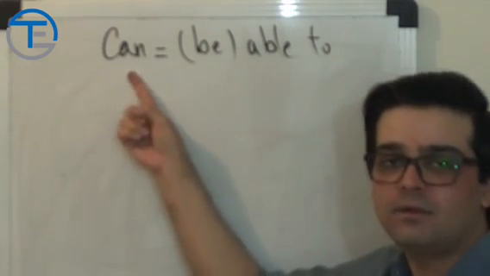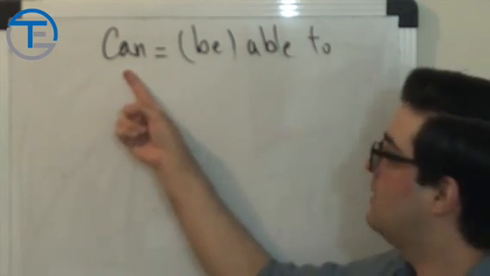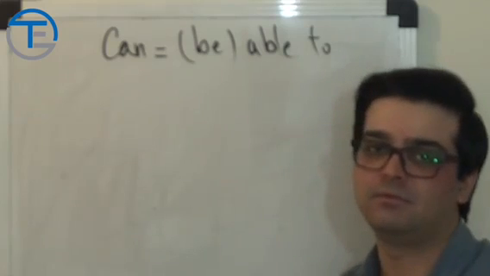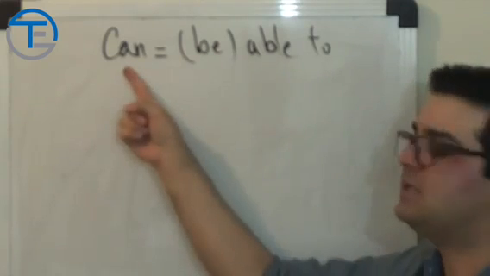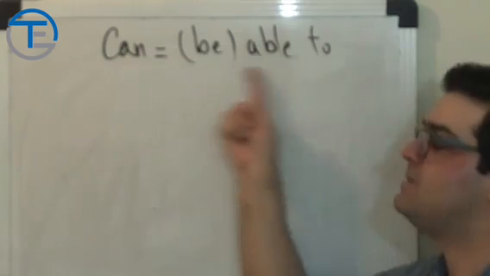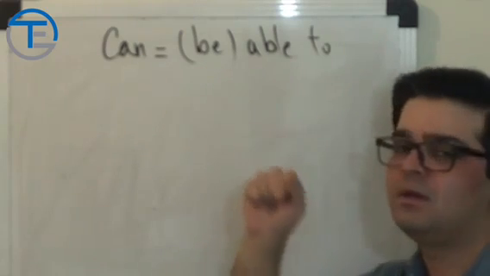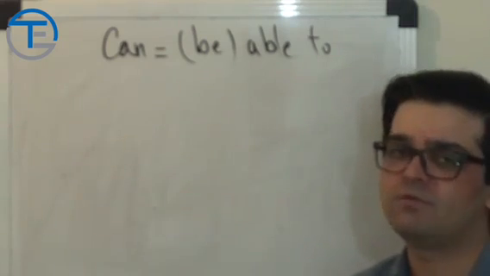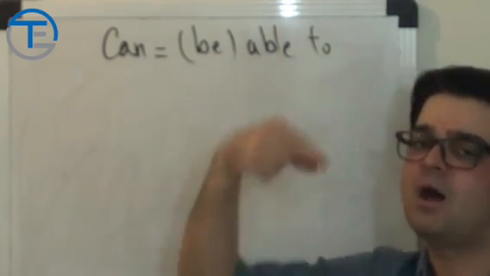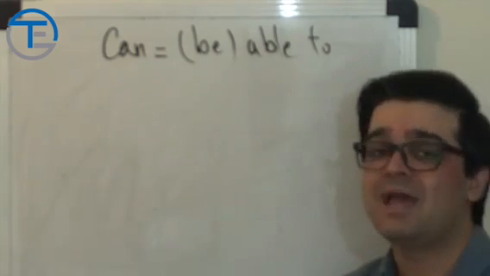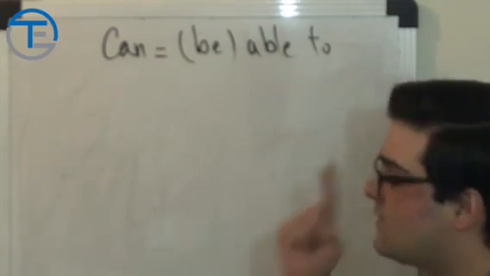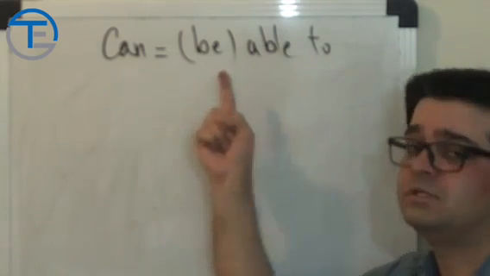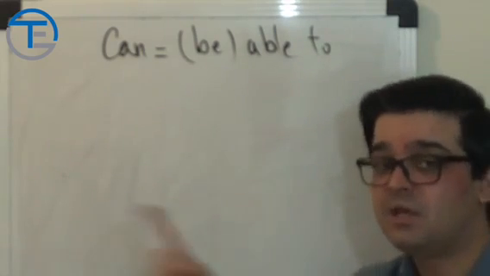Can is another modal verb that you can say be able to. Instead of can, you can say be able to. Be, am is are. So it depends on your subject. For example, if your subject is I, the verb be is am. If the subject pronoun is he, be here is. He is.